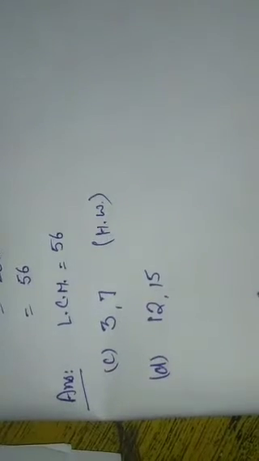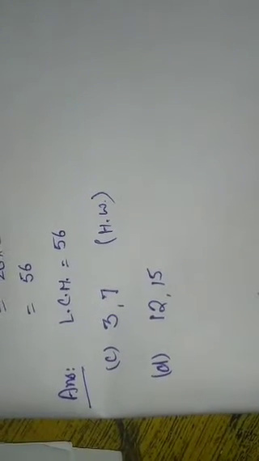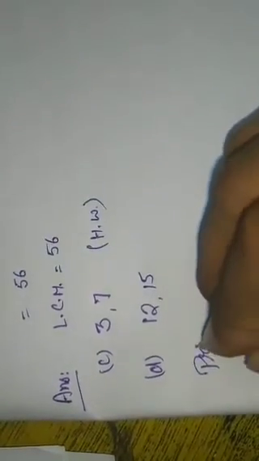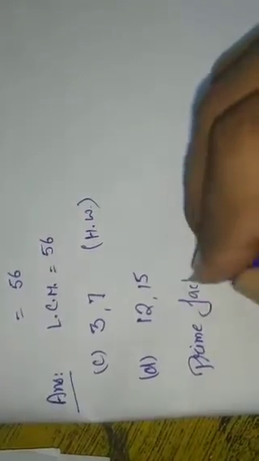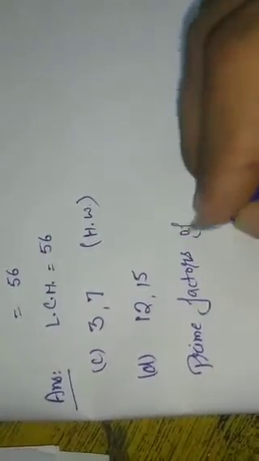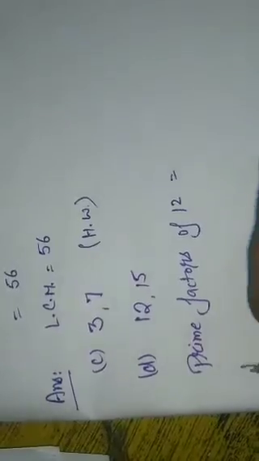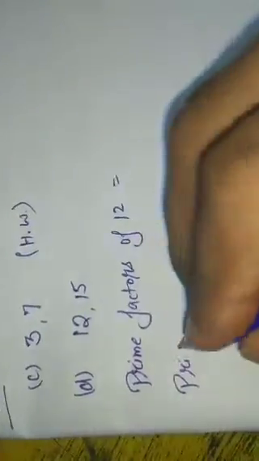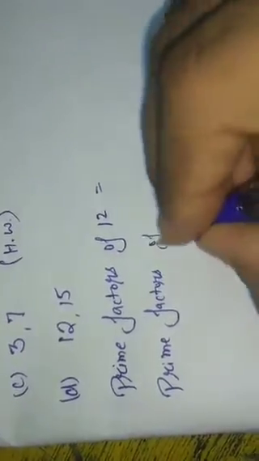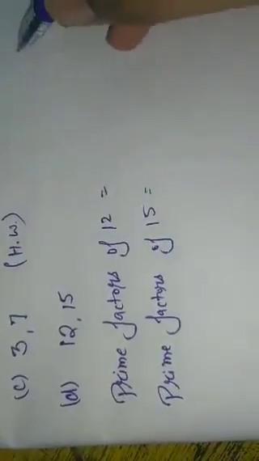Look the D part. In D part the numbers given are 12 and 15. So we will find out the prime factors of 12, then after that we will find out the prime factors of 15. So look here, prime factors of 12 is equal to, then prime factors of 15 is equal to.